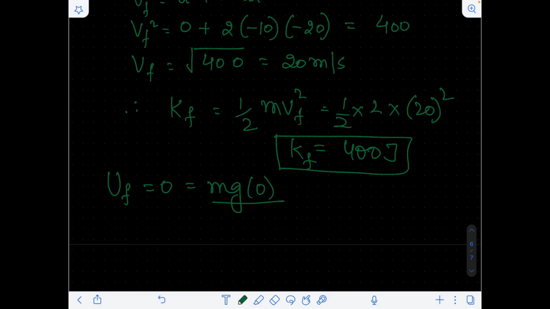So the final mechanical energy is equal to the final kinetic energy plus the final potential energy. The final kinetic energy is 400 joule and the final potential energy is 0, so the final mechanical energy comes out to be 400 joule.